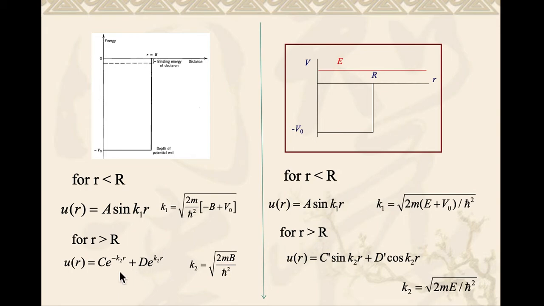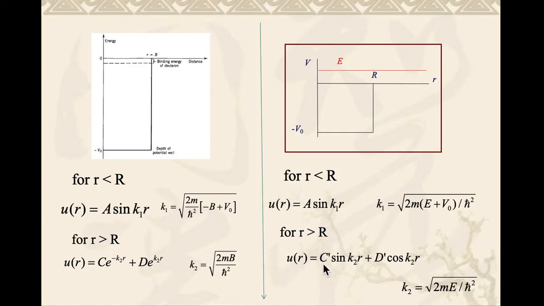And for r greater than R, there the equation was c e raised to minus k2r plus d e raised to k2r, with k2 equal to the root of 2mB by h cross squared, and also you have a minus term there.